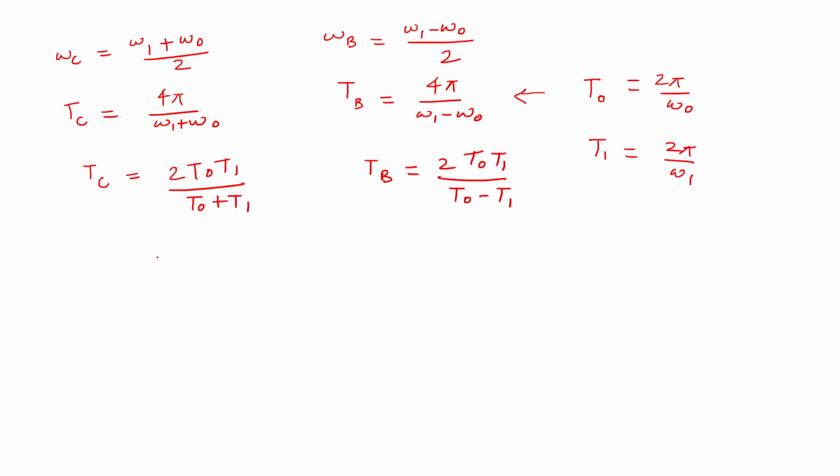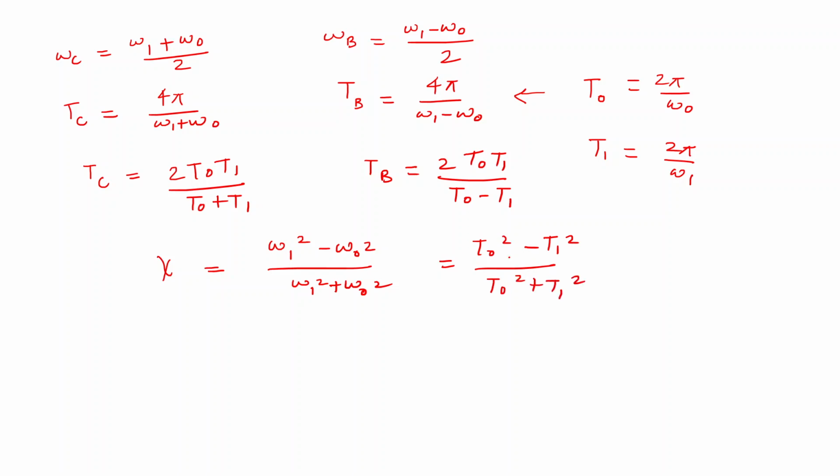And the degree of coupling between these two pendulums is given by this expression, omega 1 square minus omega naught square divided by omega 1 square plus omega naught square, which will give us T naught square minus T1 square divided by T naught square plus T1 square.